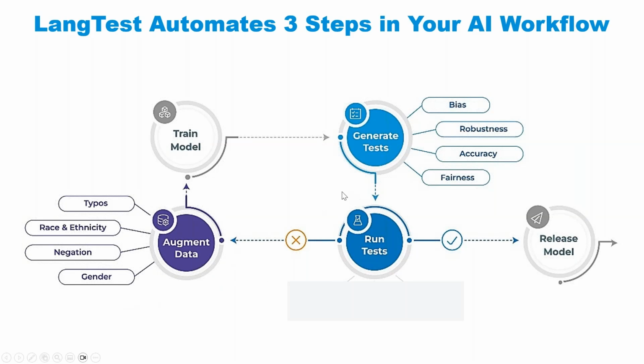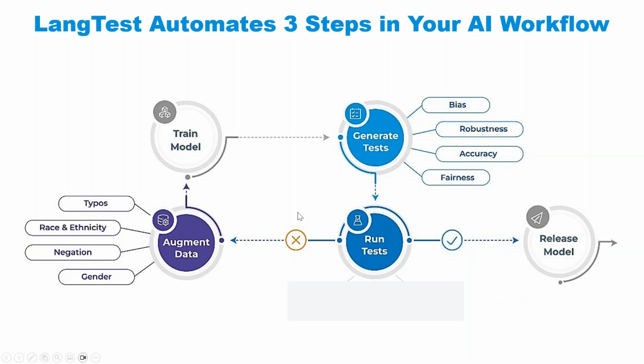So depending on what is wrong with the model, we can augment the data, or you can also gather more data and fine tune or continue training your model until you can pass the tests, so that you can be more comfortable to release the model.